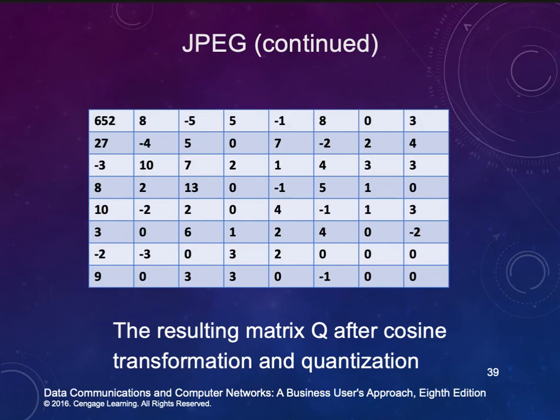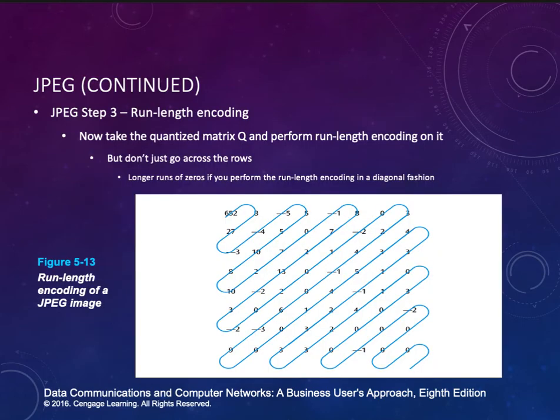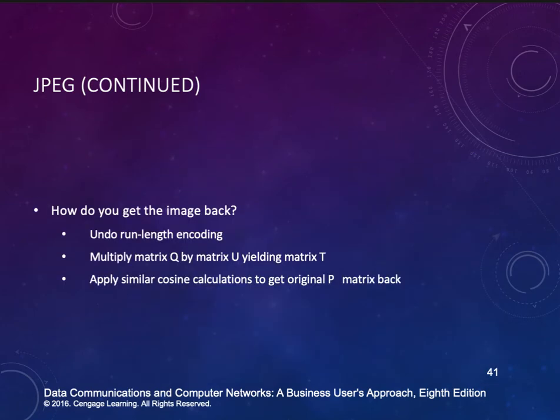Then next we go to step 3. It's run through the run length encoding, and you see here how it runs from the top left hand. It will go in a zigzag motion to be transmitted. So how do you get it back?